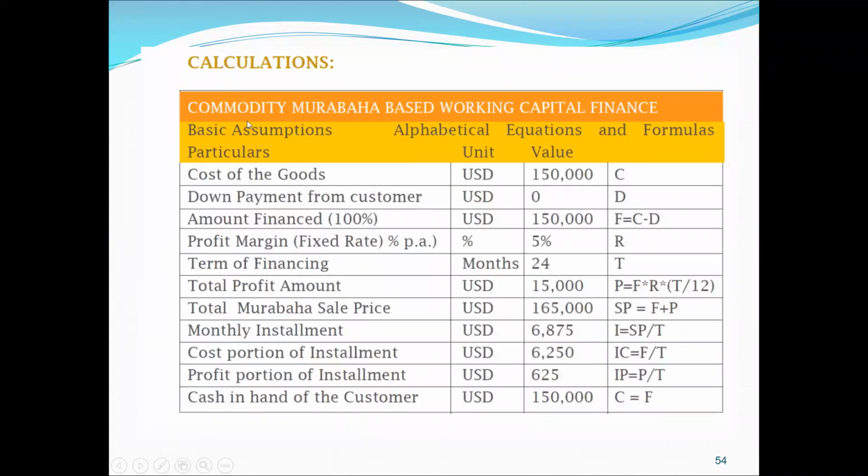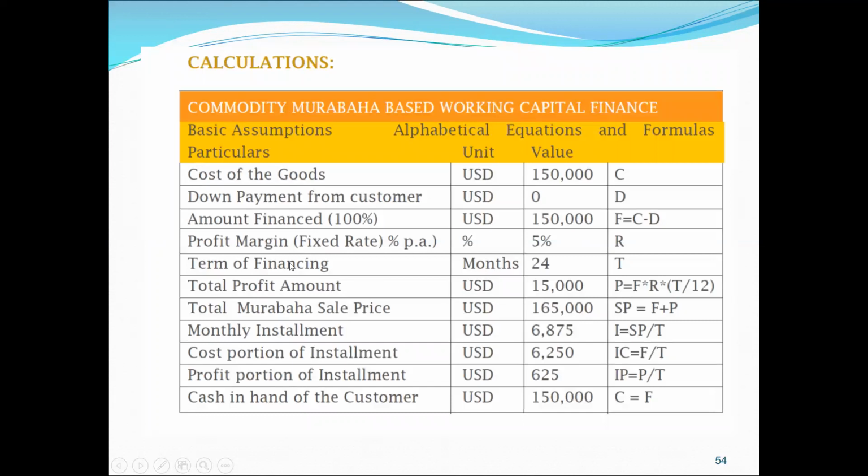So coming to the calculation part, based on commodity murabaha, we have a cost of goods, which is $150,000. There is no down payment by the customer, but there can be. In this case, the Islamic Bank financed the goods 100%, so the full amount is paid by the Islamic Bank.